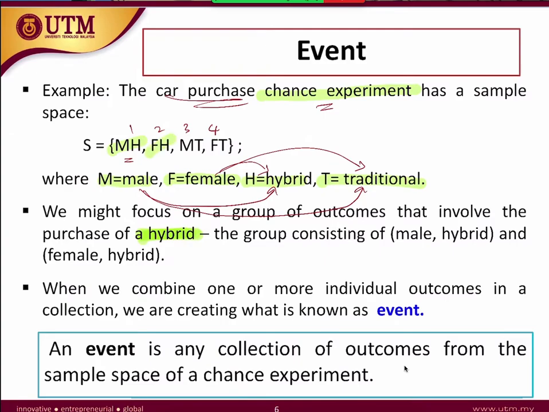So the event is buying a hybrid car, where we have 2 possible outcomes of that event, either being bought by a male or being bought by a female.